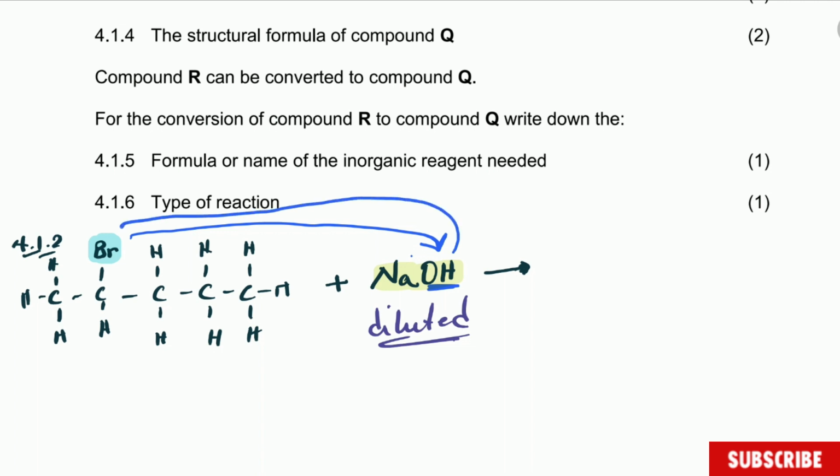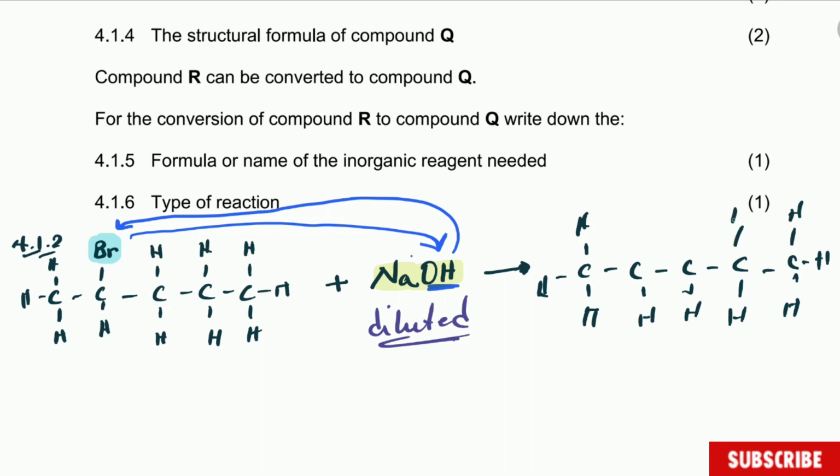So we have everything the same, but instead of the Br, we are going to have the OH. Therefore this one became an alcohol. What else? The other substance must be there: plus NaBr, with the Na instead of the H. Guys, this is the reaction.